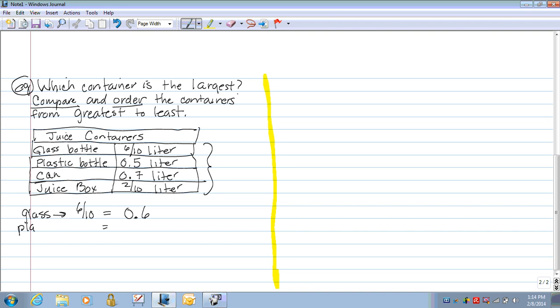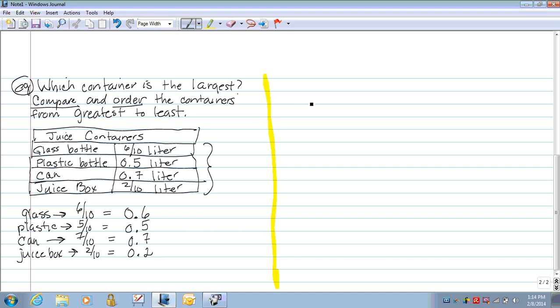The plastic is 0 and 5/10, and that could be written as the fractional part 5/10. The can is 0 and 7/10, which can be written in the fractional part 7/10. And the juice box is 2/10 fractional part and 0 and decimal point 2.